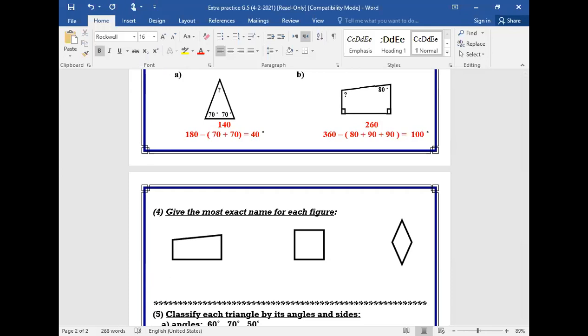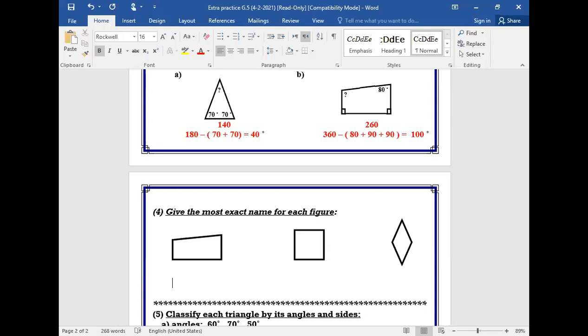These are quadrilaterals: parallelogram, rectangle, rhombus, square, trapezoid. Rhombus? Sure? No, it's not a rhombus.